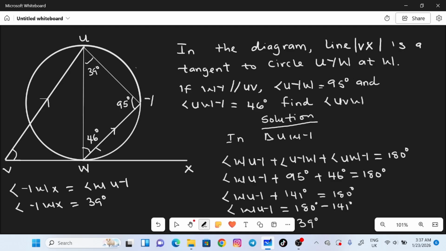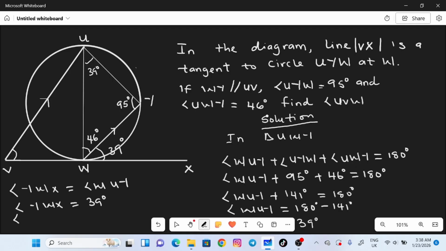This angle is 39 degrees, and because our line UV is parallel to our line WY, we can say that our angle UVW is equal to our angle YWX, because they are corresponding angles.